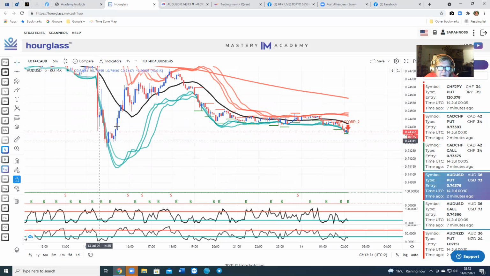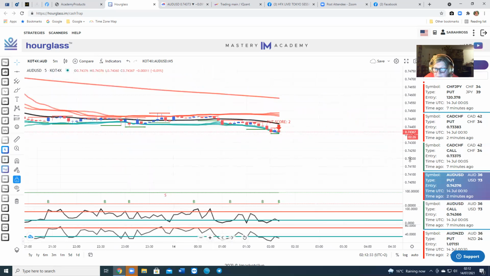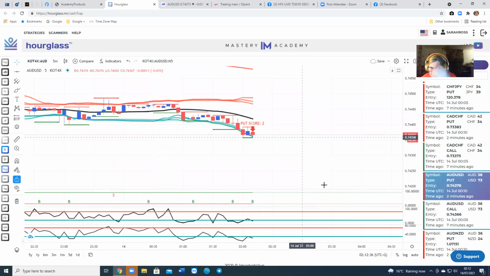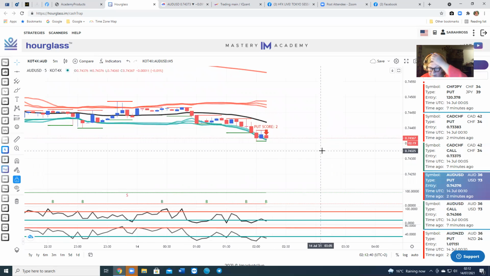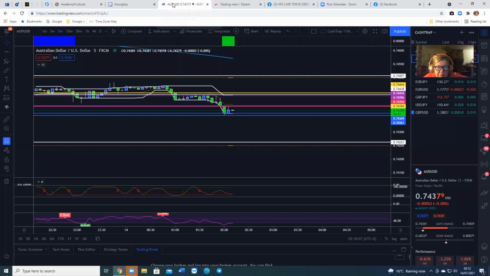So it wants to drop. 12 minutes past. So we're not really getting a great pullback.